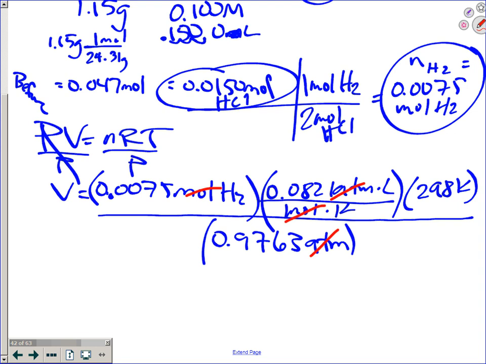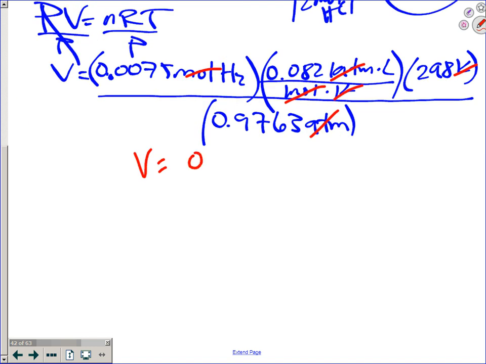Moles cancel. K cancels, right? So then liters are left. What's my volume here? 0.188. I'm not going to go to sig figs just yet. So when you divide, you get 0.188 liters.